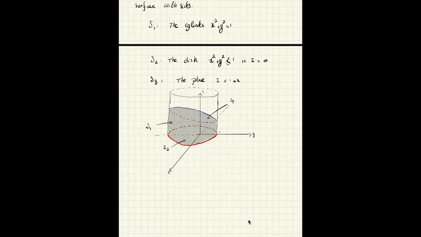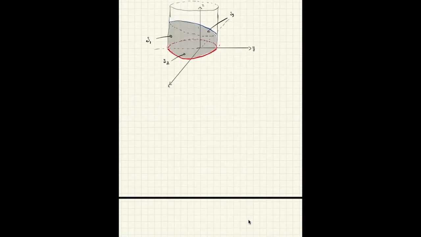And the third one is the top, the lid, the part of the plane, circular. We have that S is S1 union S2 union S3.